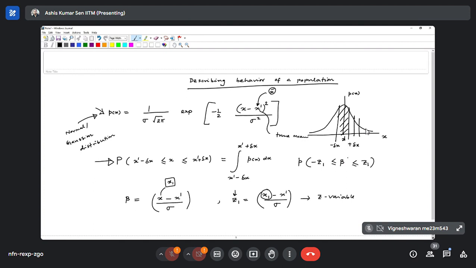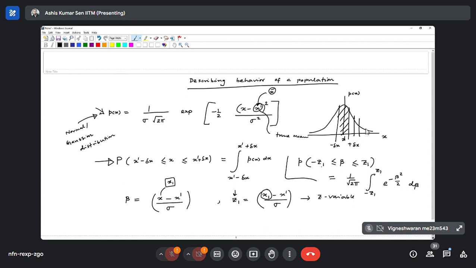So beta is indicating equivalent to your true mean. Z1 is indicating on the left side and right side. This can be written as 1 over square root of 2 pi. Basically, you change the variable x to beta and z. So you integrate from minus z1 to z1 e to the power minus beta square by 2 d beta.